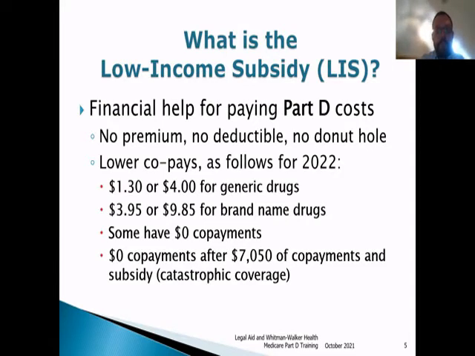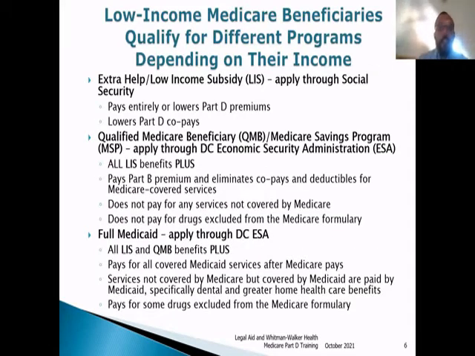In addition to the low income subsidy, there are other financial assistance programs that people may qualify for if they live in DC and they are low income. So I just explained what the low income subsidy is. But in addition to the low income subsidy, people who live in Washington, DC, basically everyone that we're assisting with this Medicare Part D project, should also qualify or be enrolled in a program called the Qualified Medicare Beneficiary Program.